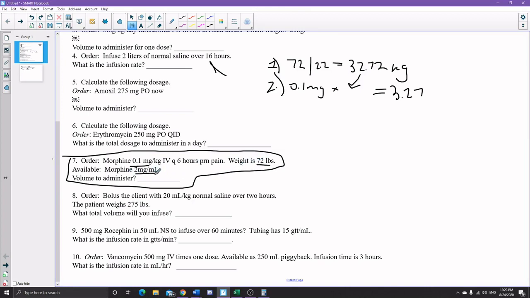But what we have available on our vial is 2 milligrams per milliliter. So we're going to take our third step. We're going to take 3.27 milligrams and then divide that by 2 and then multiply that by 1 milliliter. Okay?